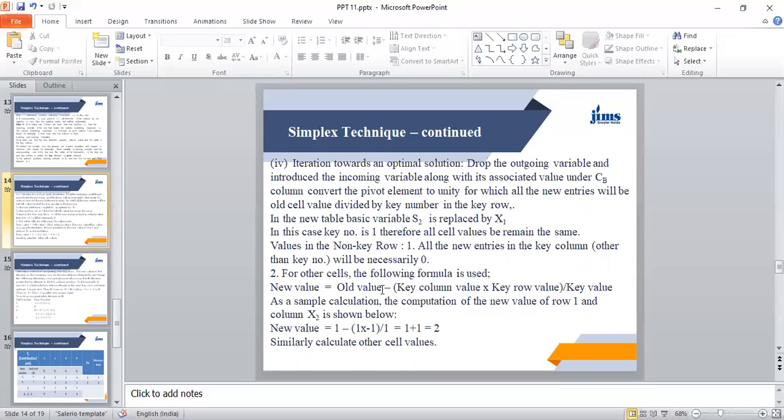For other cell values, they are replaced by old value minus key column value into key row value divided by key value. Remember, or write down this formula: new value is equal to old value minus key column value into key row value by key value.